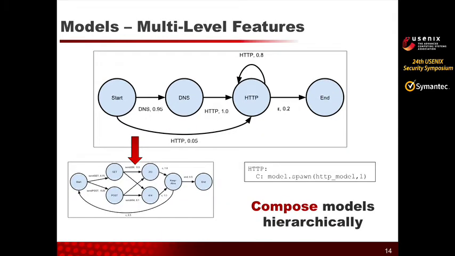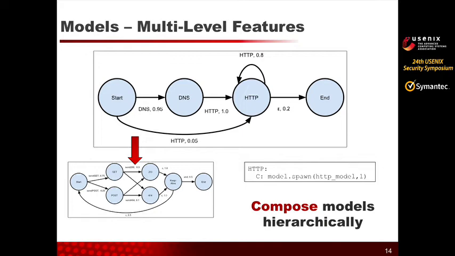Another interesting feature is that with these action blocks and the use of these plugins, we can do pretty cool things with the models themselves. We're not just talking about a single model for HTTP. Now consider we've created a higher level model that describes web browsing. Web browsing is some combination of DNS queries and HTTP requests and responses.